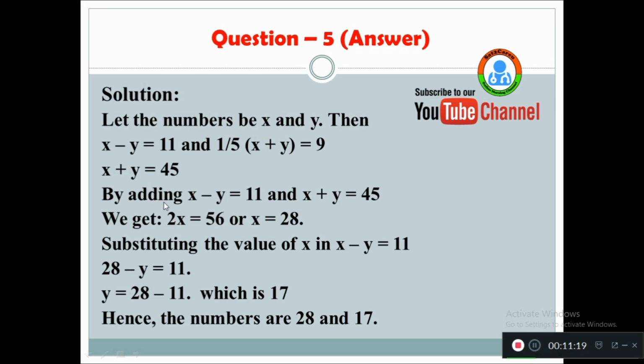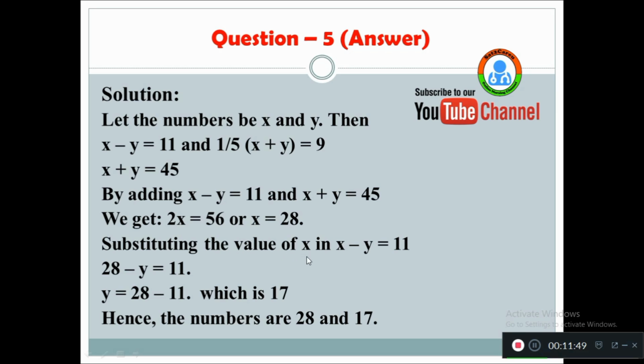Now we are adding both equations. What are we getting? x plus x will be 2x is equal to, minus y and plus y cancel, and 45 plus 11 gives 56. Now what is x? x is equal to 56 upon 2, that is 28.